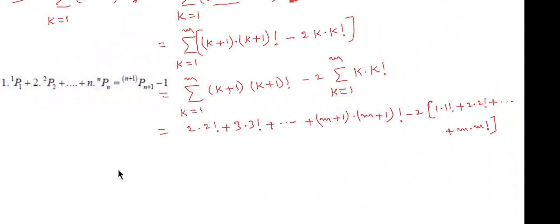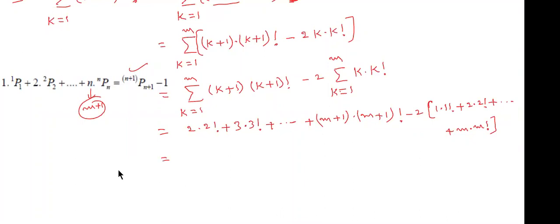Observe the formula. Where does it start? 2 into 2 factorial onwards. But here, (m plus 1) into (m plus 1) factorial is there. In place of n, what is there? M plus 1. That means here what will come? M plus 2.